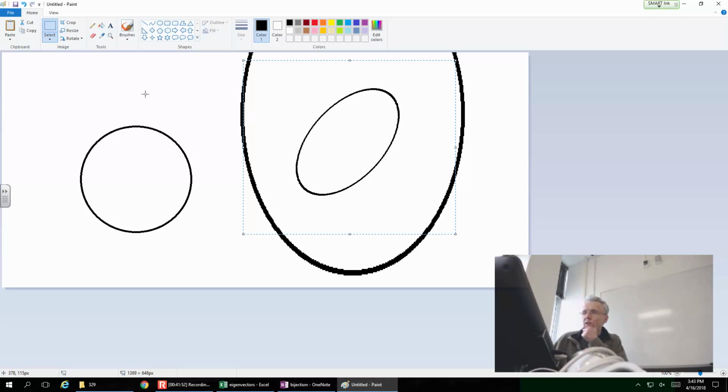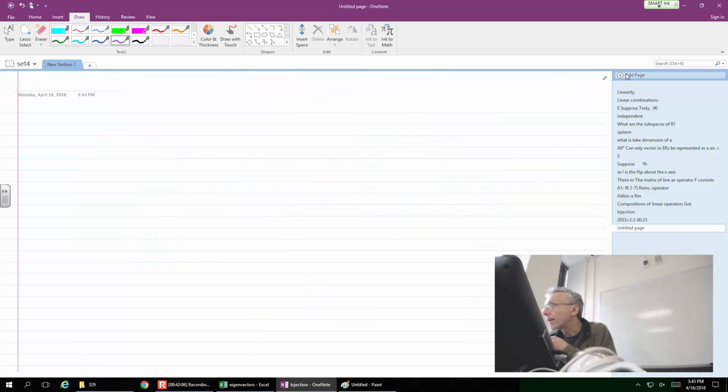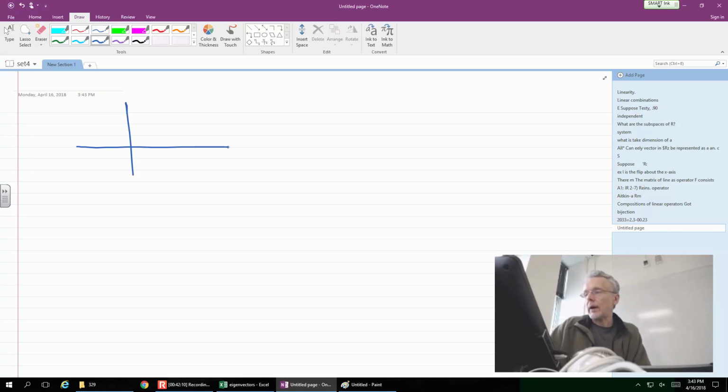But there is a bigger problem that you may have seen in the past, and that is the problem with data. You may have seen this picture before. So suppose you have the XY axes, and you have data.